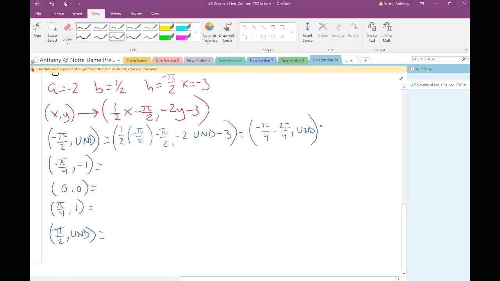Now I just need to combine like terms in my fraction. So I have that. So far, so good? So has anything really changed? Just the key points that I'm using, right? Everything else has been identical.